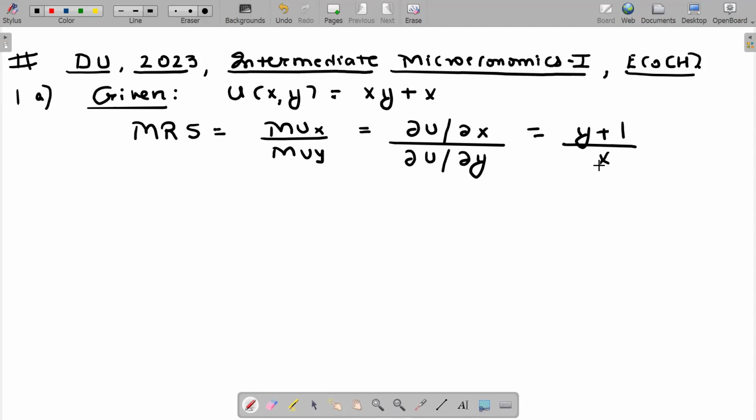Now, to check whether it's diminishing or not, let us increase x and reduce y, because remember, when you move along the indifference curve, you increase good x and you decrease good y. So I can say as x increases and y falls along the indifference curve, what happens to MRS?